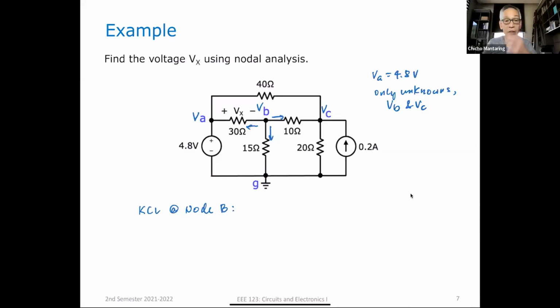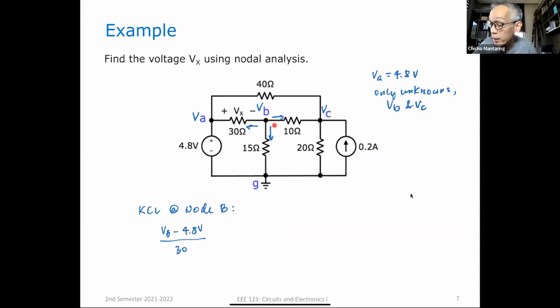That's right. Actually it's VB minus VA, but we already established VA to be equal to 4.8 volts. So that's VB minus 4.8 volts over 30, in this direction.